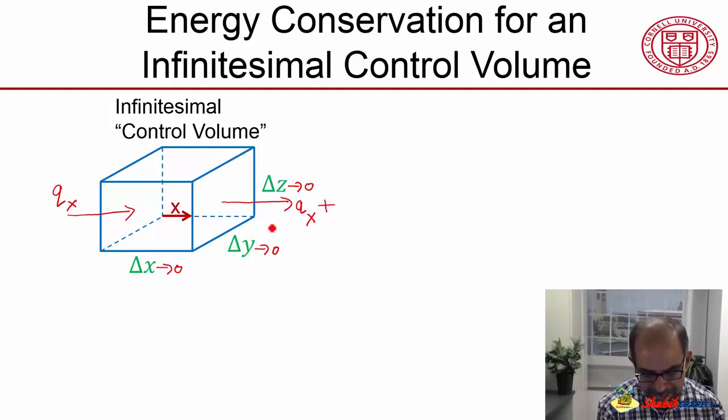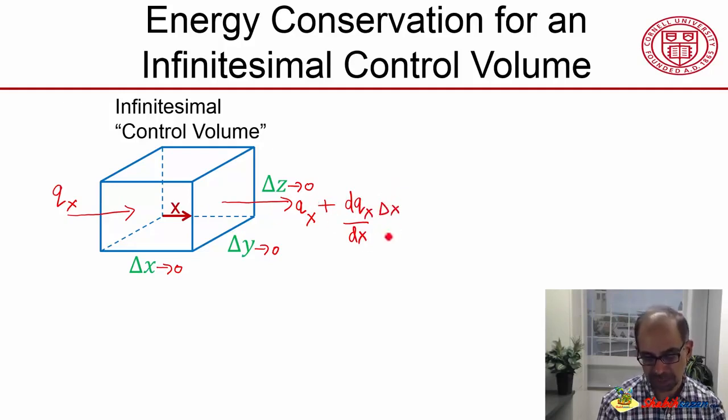It's going to be slightly different from that because that distance is vanishingly small. And that change I can find from the gradient. If I multiply the rate of change of Q sub x by the distance, I'll get how much it's changed.